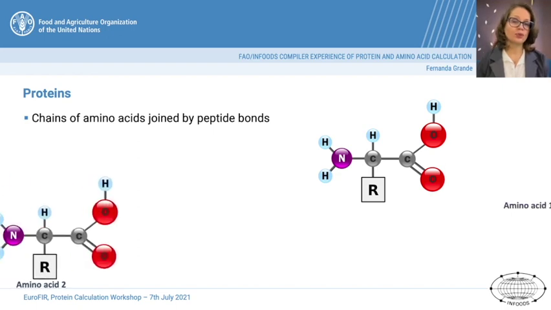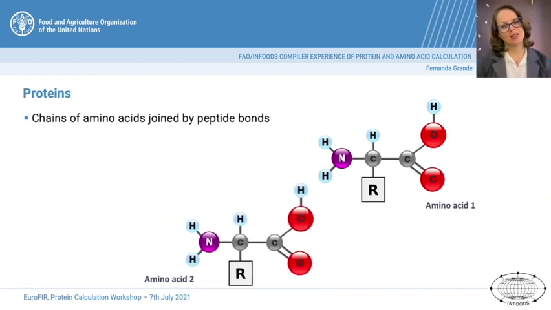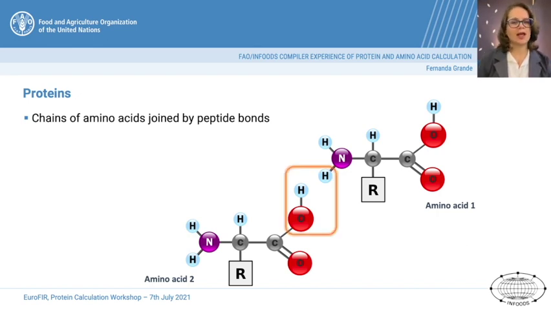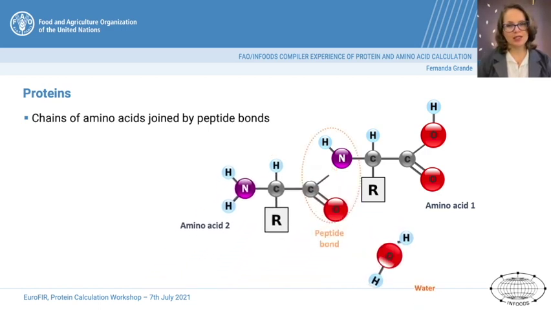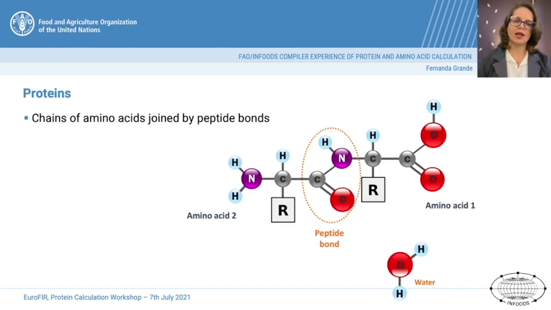So to form proteins, the amino acids need to be combined, and this happens when the amino group of one amino acid connects to the carboxylic group of another amino acid, just as highlighted here. When they are linked, the reaction releases one molecule of water and the peptide bond is formed linking the amino acids.